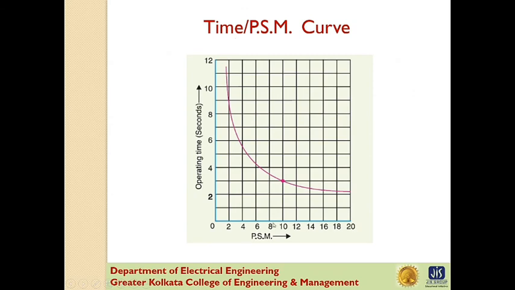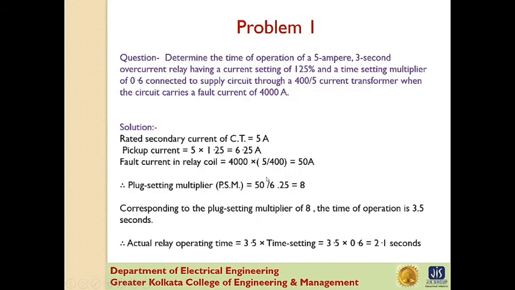When the PSM is 8, the operating time is 3.5 seconds. So the actual time of operation is 3.5 into the time setting of 0.6, which equals 2.1 second.